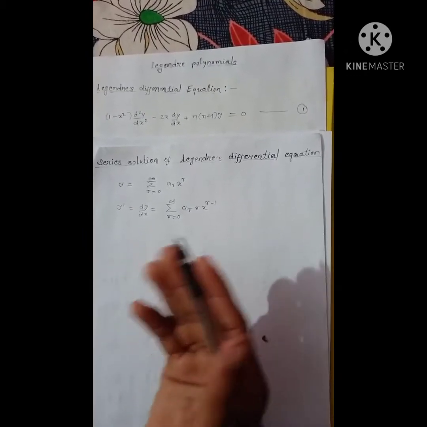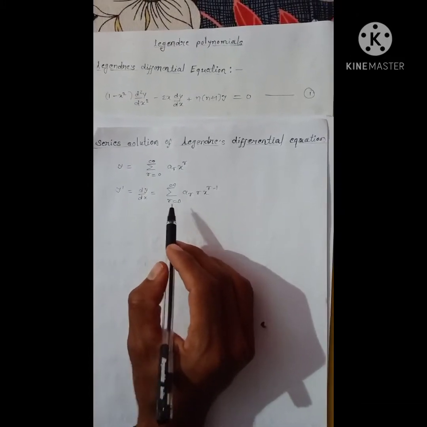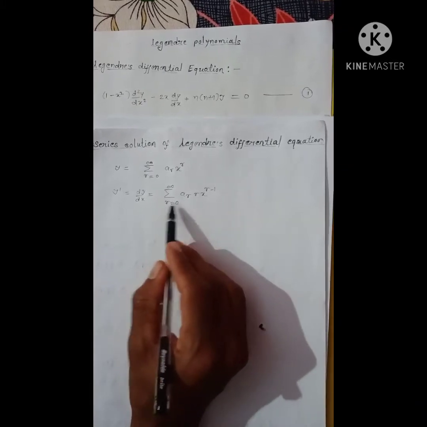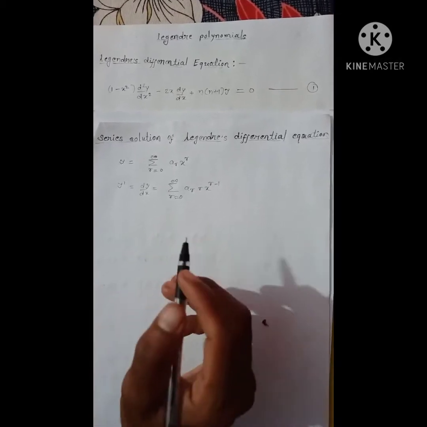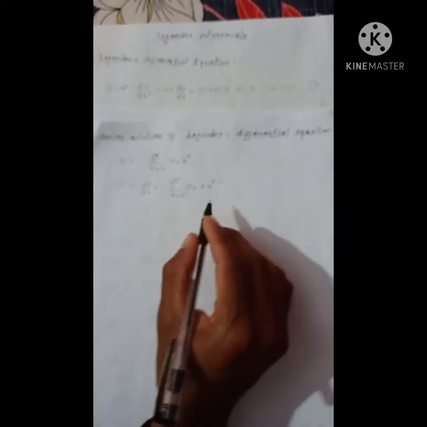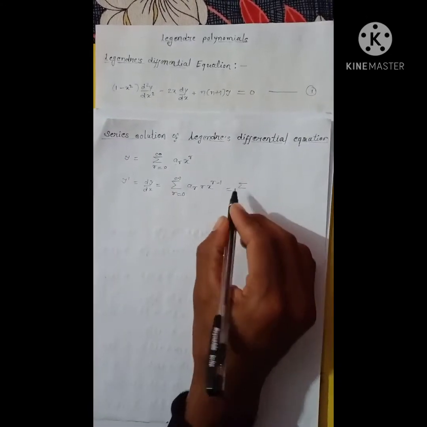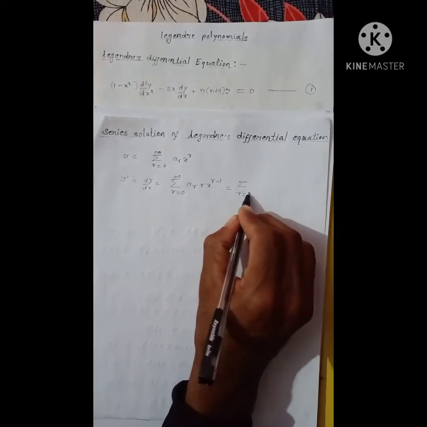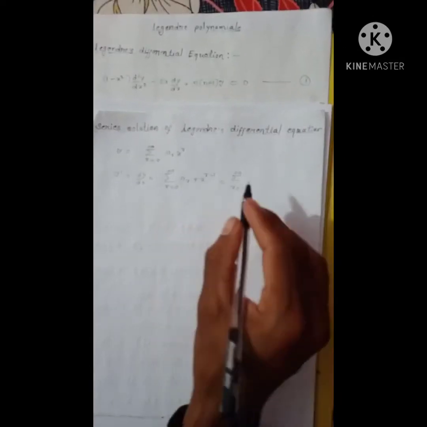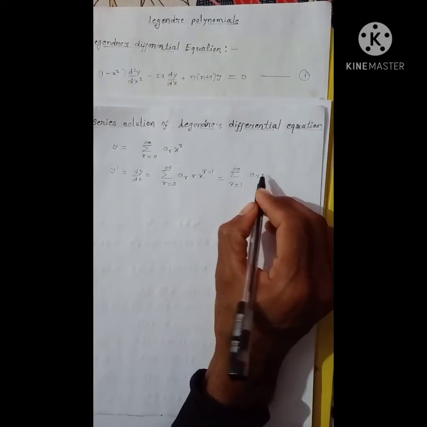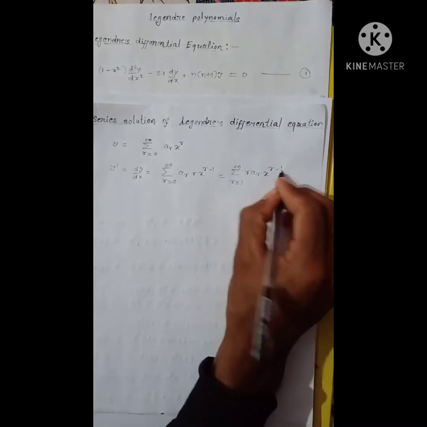So to keep the power of x non-negative, we start the limit of this summation from r equal to 1. So we will get summation r is equal to 1 to infinity r into a r into x to the power r minus 1.